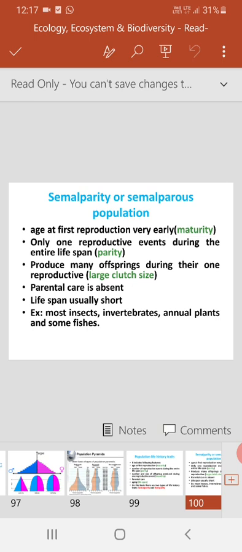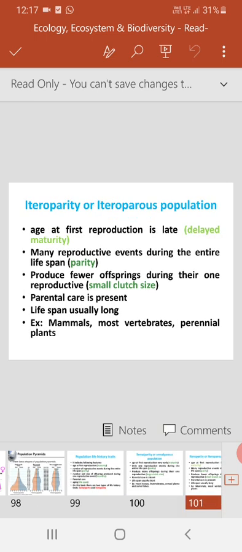They reproduce only once during the entire life, and during that single reproductive event they produce many offspring, that is, they have a large clutch size. Parental care is totally absent. Lifespan is generally very short. So most insects, invertebrates, annual plants, and many fishes are examples of semelparous populations.